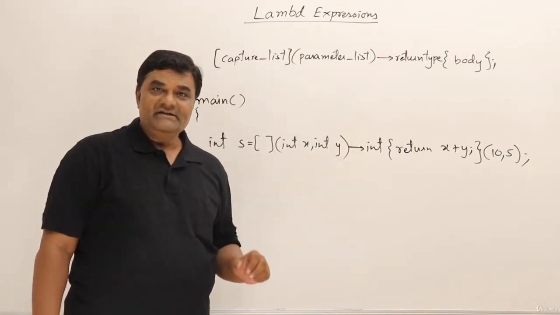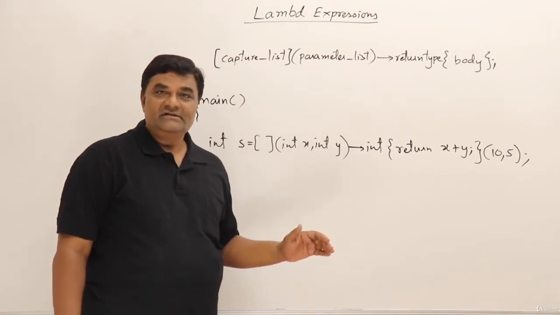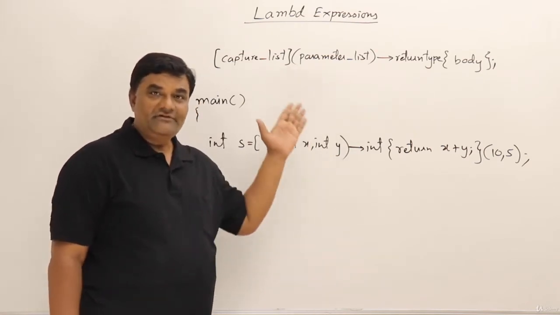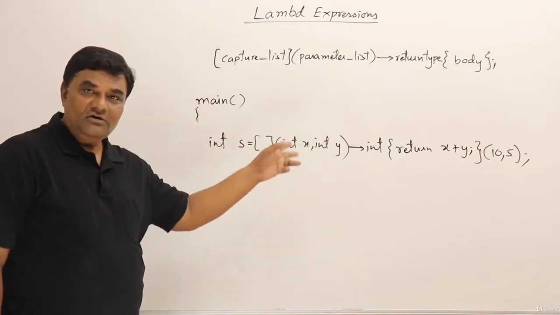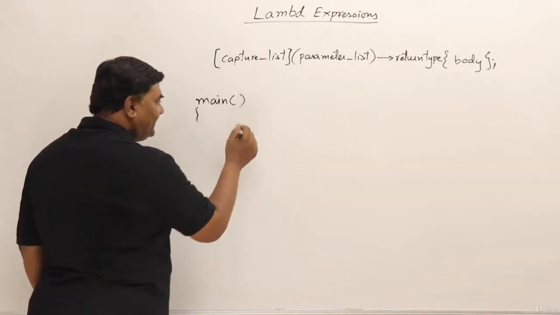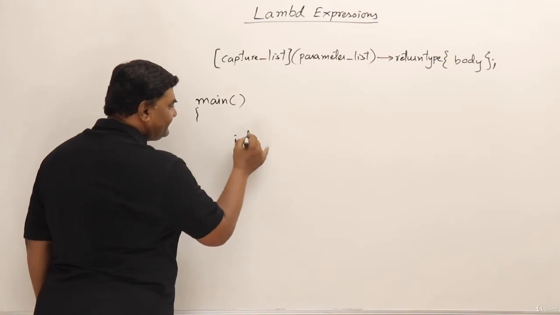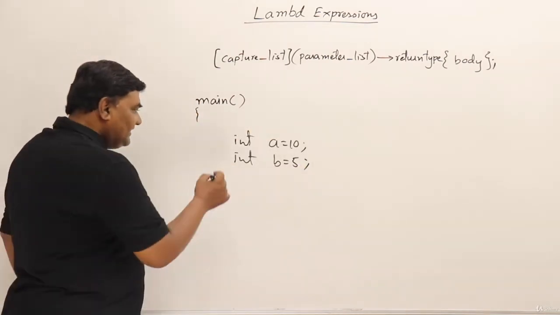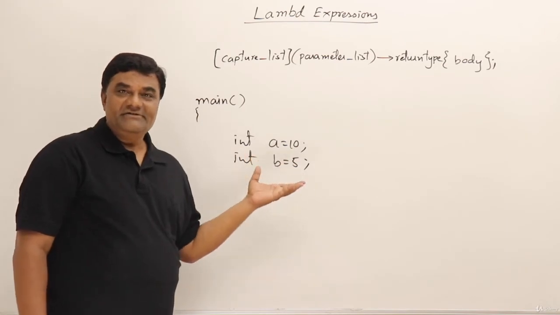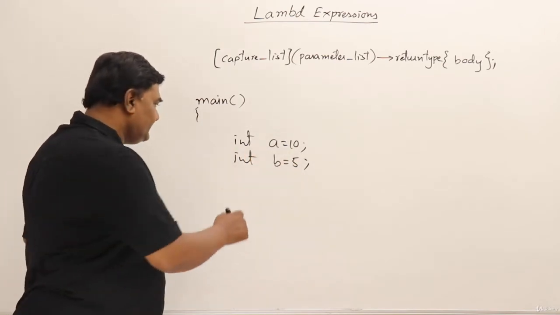Now let us see the next thing. We can access the local variables of a function inside an unnamed function. So how? Let me explain. Inside main function, if I have some variables, now these two variables are there, then can I access these variables inside the unnamed function? Let us see.